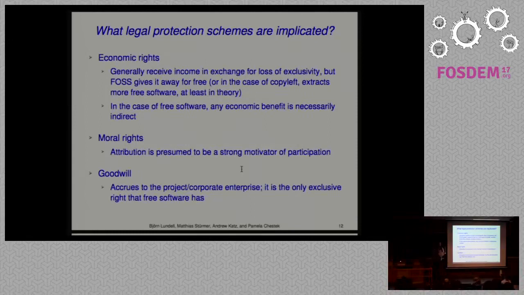Economic rights, I broke out, you'll notice I didn't say copyright here because there are two interests that copyright covers, with different terminology in different countries, but we're talking about the two aspects of an economic interest and a moral interest in the work. In terms of an economic interest, normally I write a book and I sell the book and I get money for it.